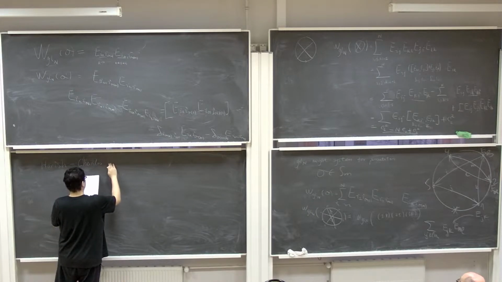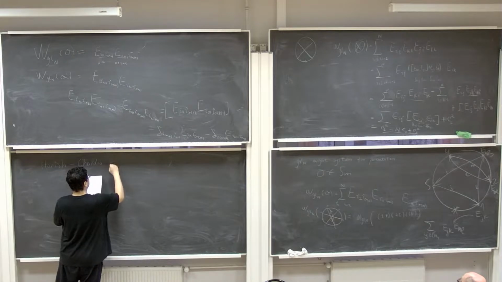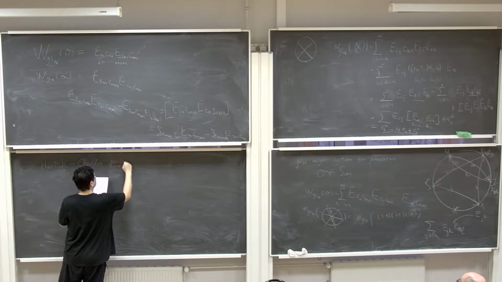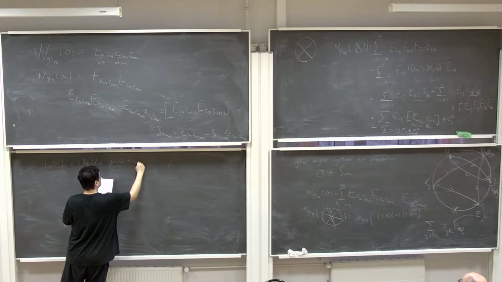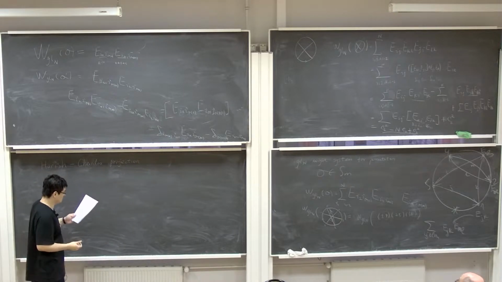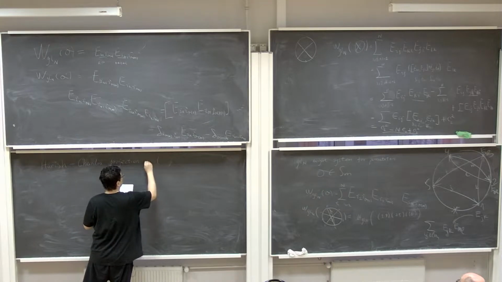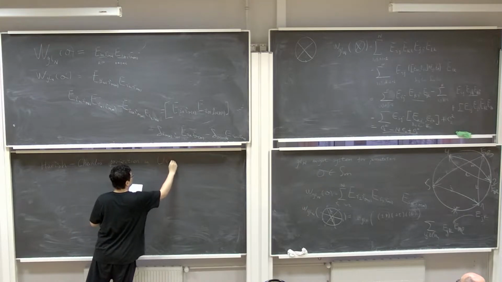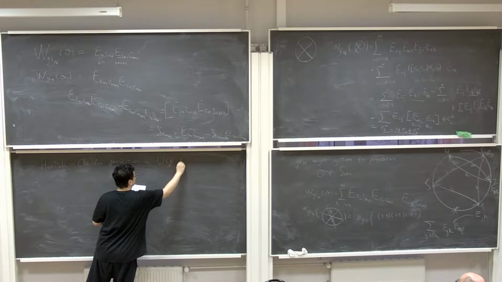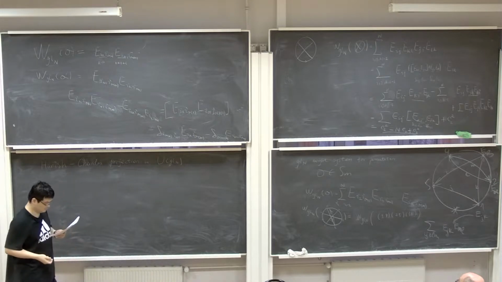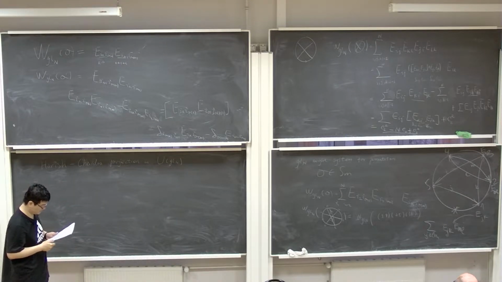The value of this weight system is known, for example, on the chord diagram with 7 chords, each one intersecting the other one. And also there are computations for chord diagrams whose intersection graph is a complete bipartite graph with many chords.